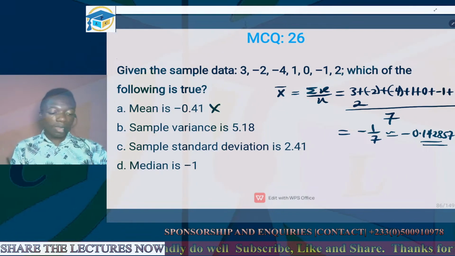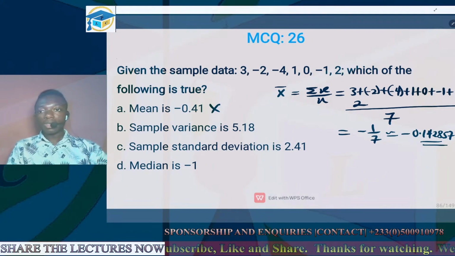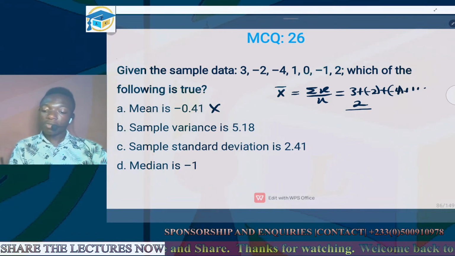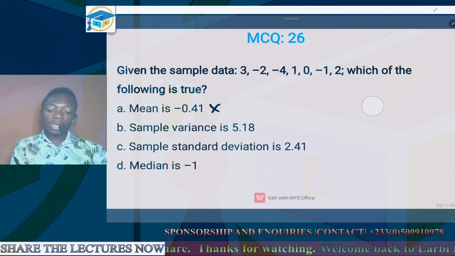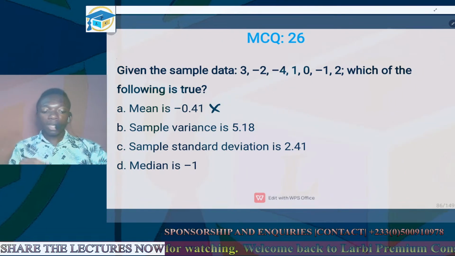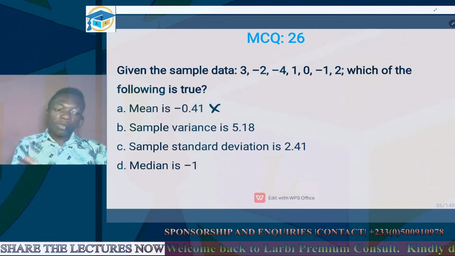Once you are done with that, we can compute the sample variance. Let me erase this so that we compute the sample variance. The mean is out, so we don't use it as part of the options.